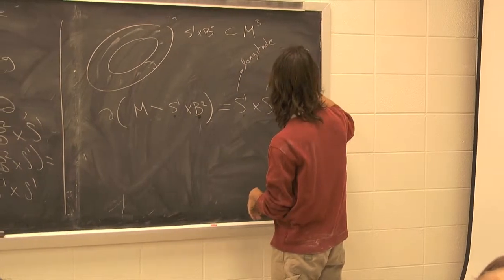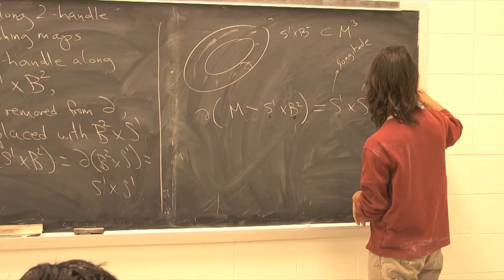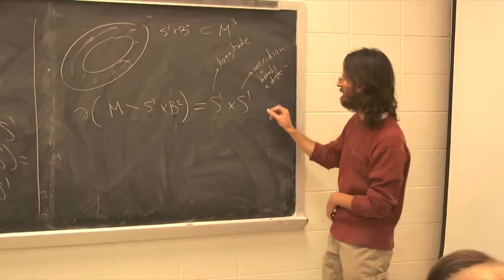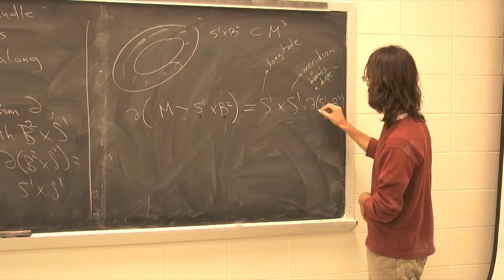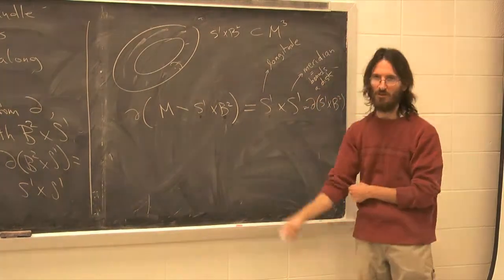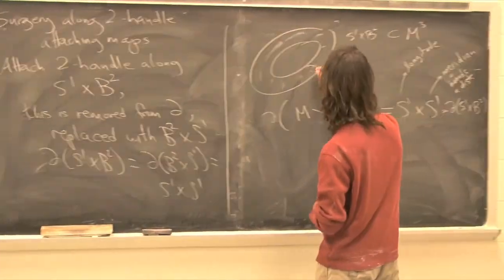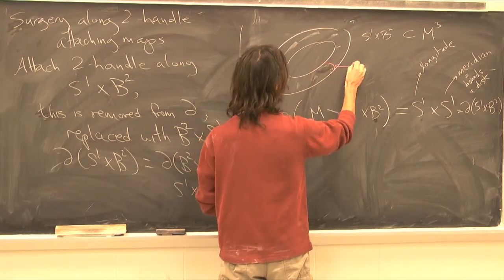Because meridian equals bounds, the one that bounds the disk. This is the one that bounds the disk before you do anything. Okay, so here's this particular example. This is the meridian.